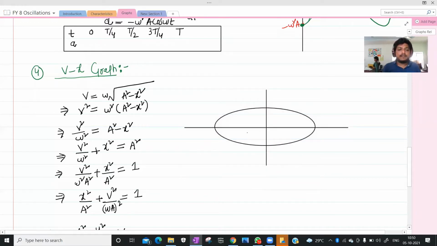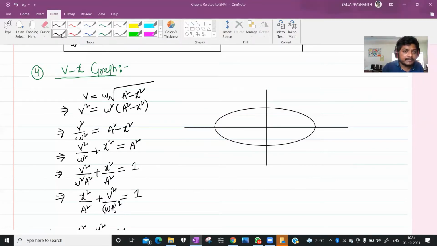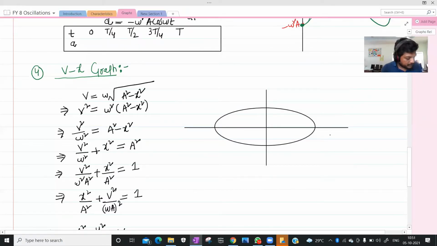Okay, this is the graph between v versus x, velocity versus displacement curve. This is x, this is v. This is called semi-major axis, this is called semi-minor axis.